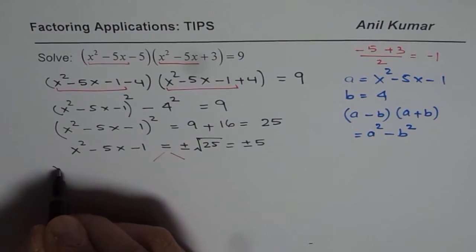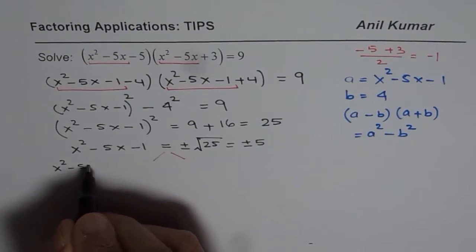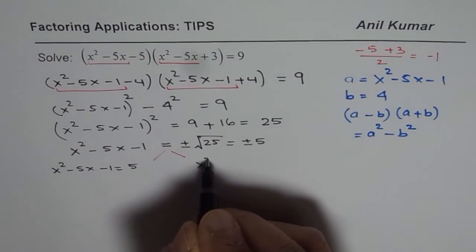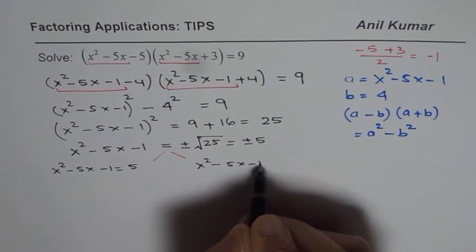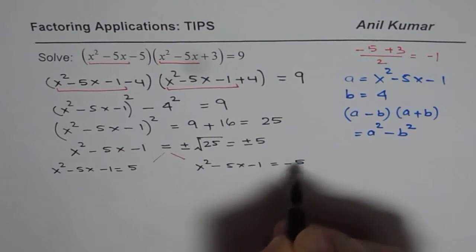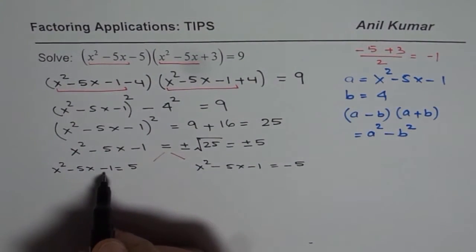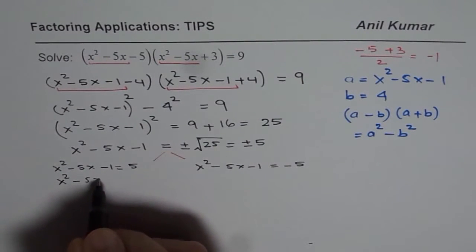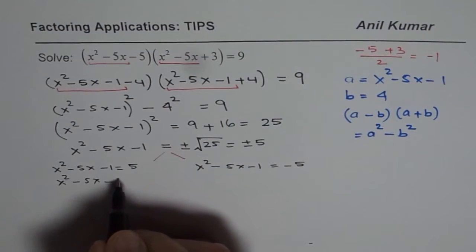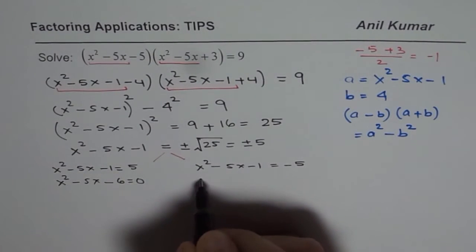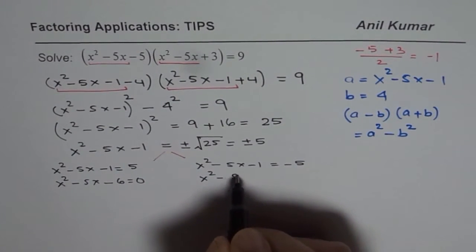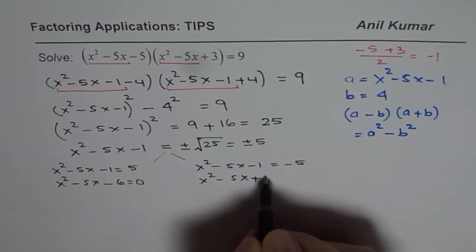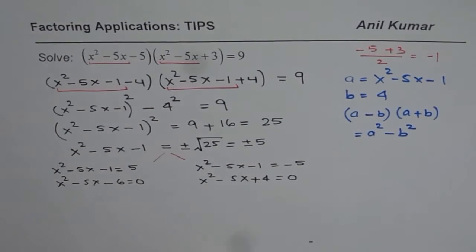Let's bring 5 to the left side and solve the quadratic equation. x squared minus 5x minus 6 equals 0, and in this case it is x squared minus 5x, when you bring minus 5, it becomes plus 5, so it becomes plus 4 equals 0, correct?